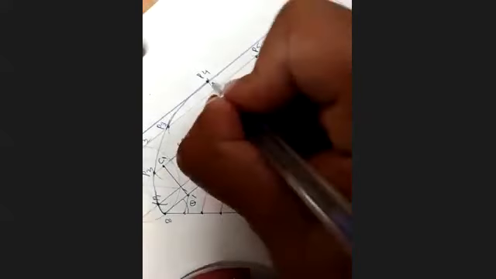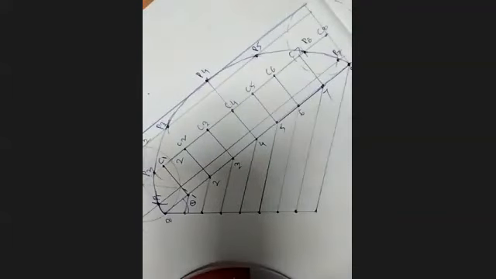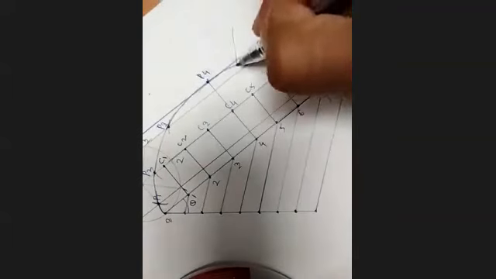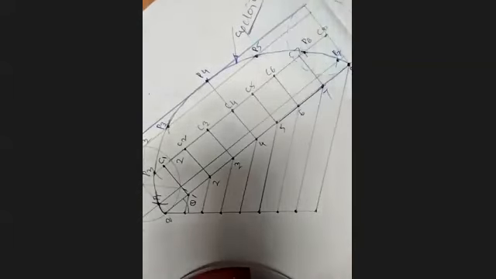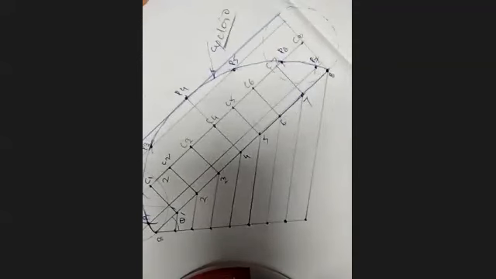Then further, make this curve a little dark, and finally you will get this curve, and this curve is nothing but the cycloid, the cycloidal curve.